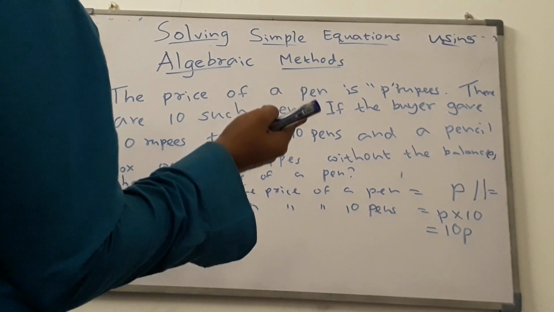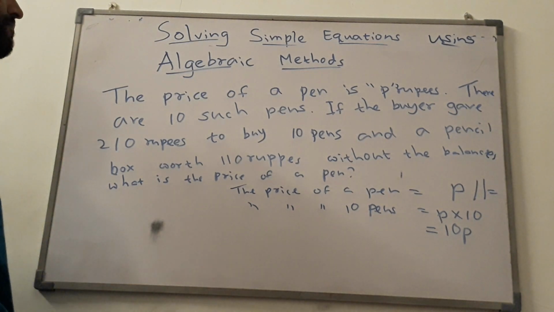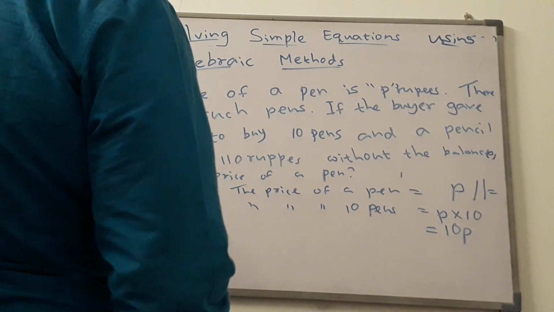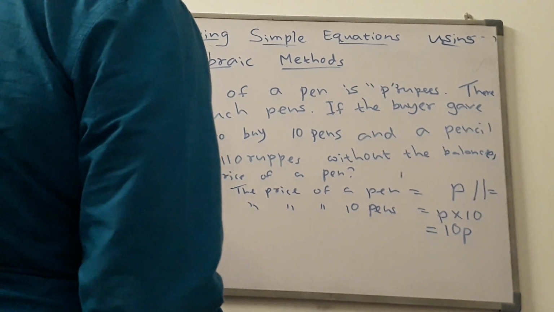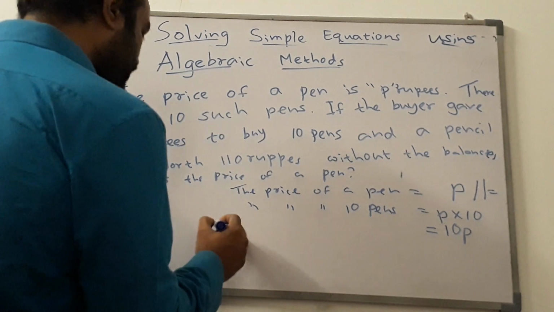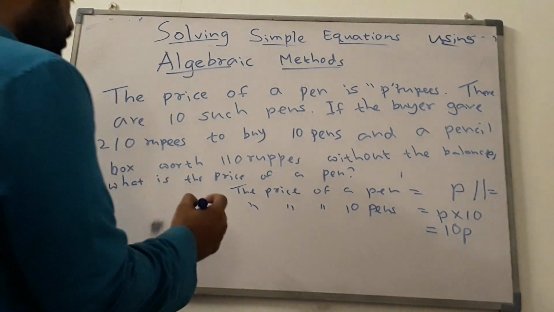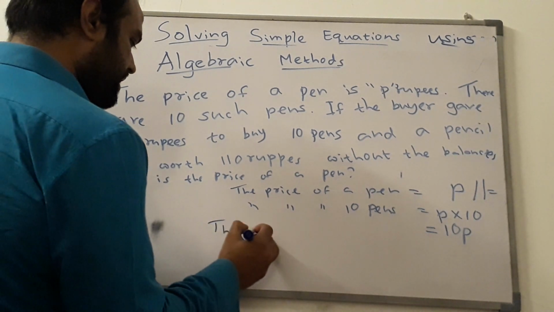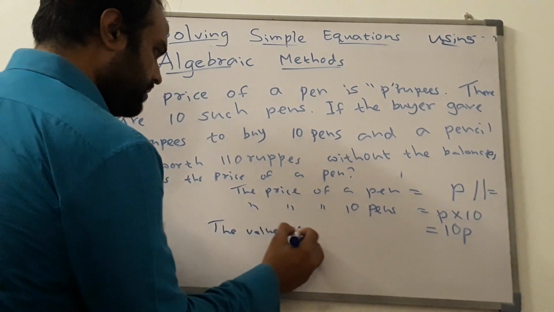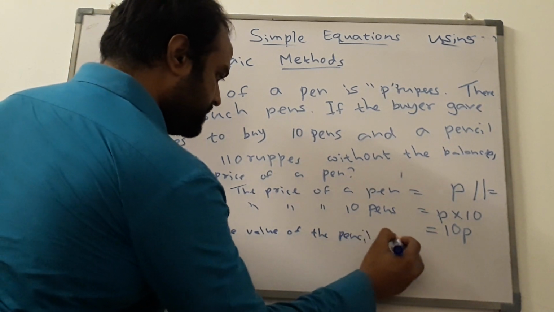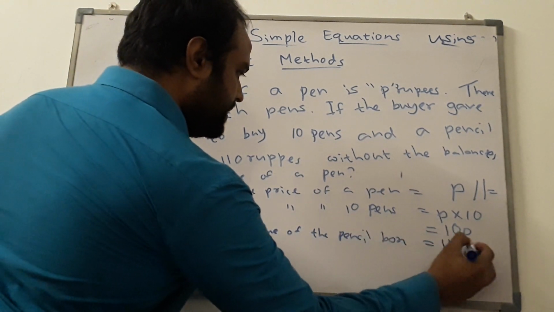Okay, and they also say he is going to buy a pencil box. The price of the pencil box is worth 110 rupees. The value of the pencil box equals 110.